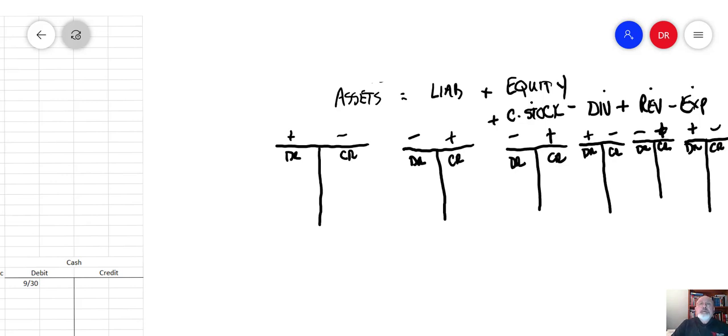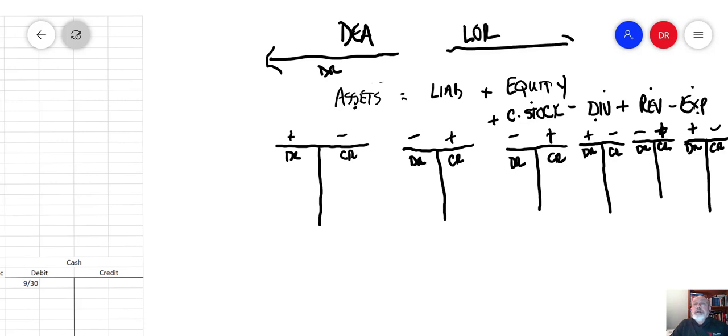And remember what we talked about as remembering which accounts increase to the left. DEA is dividends, expenses, and assets. Those all increase to the left, meaning a debit is their normal balance. LOR are the accounts that increase with a credit, and their normal balance is a credit.